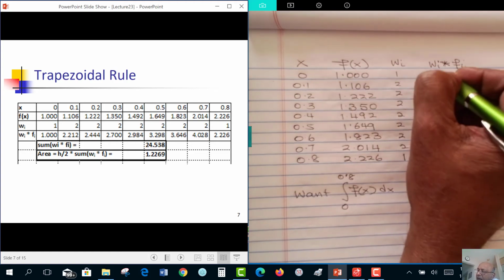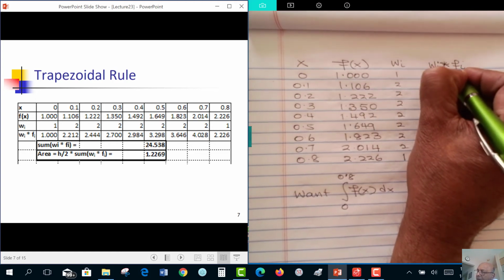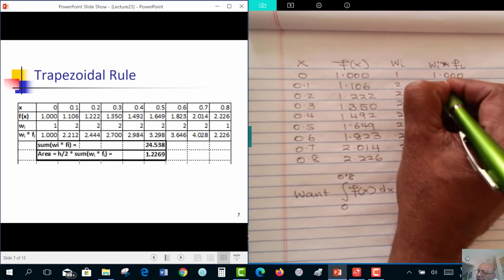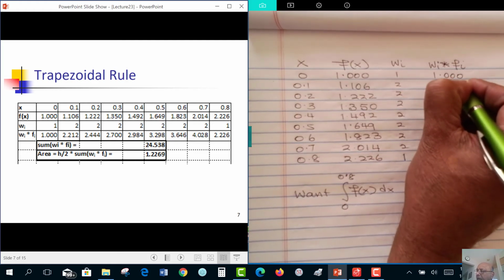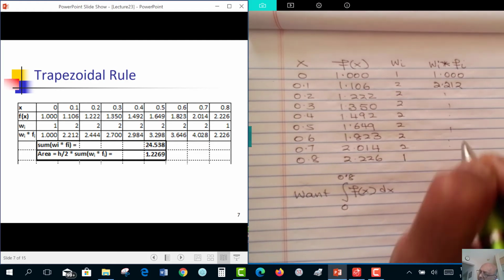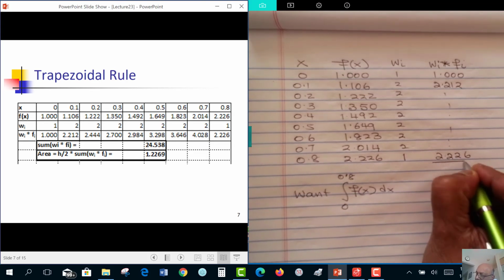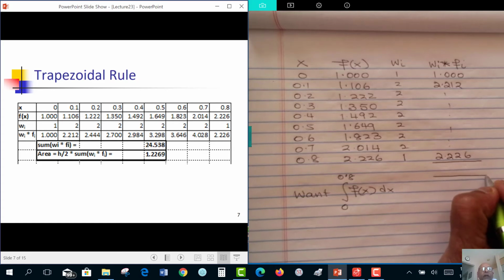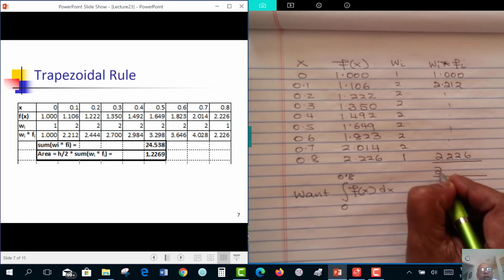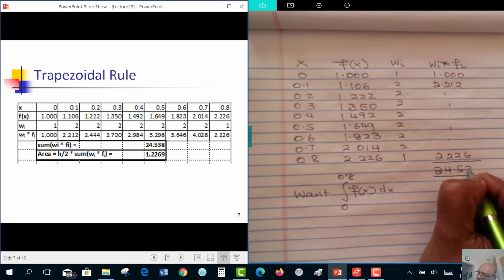So we multiply 1 times 1, 2 times this, and on and on and on, and total it up. So when we sum it up, we'll get 24.538.